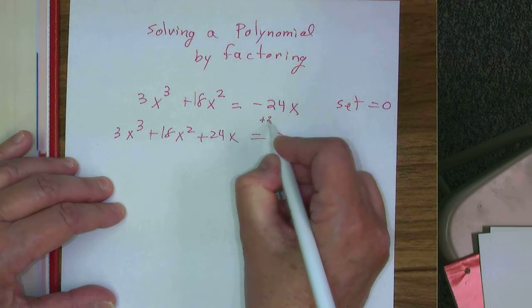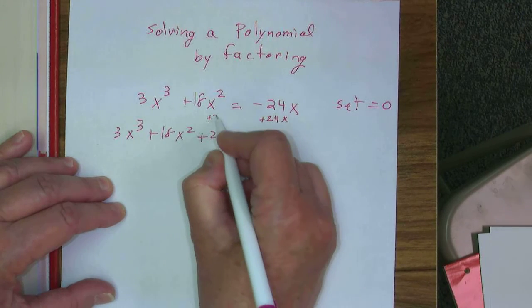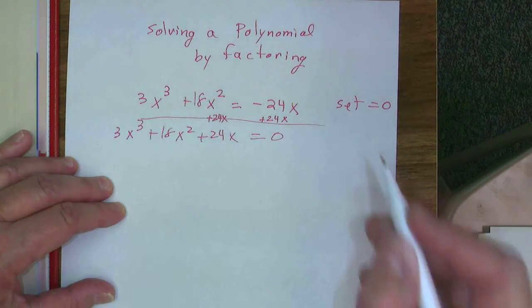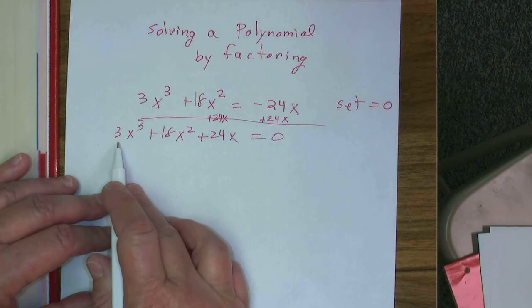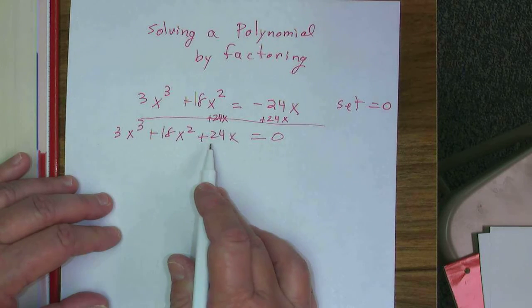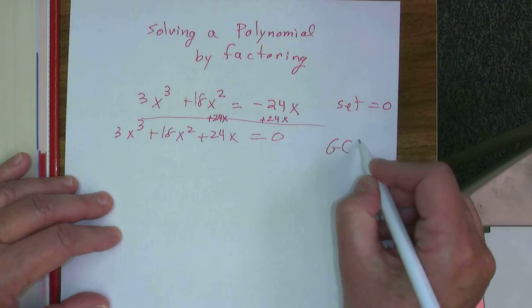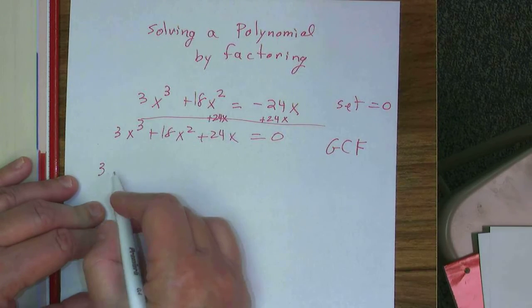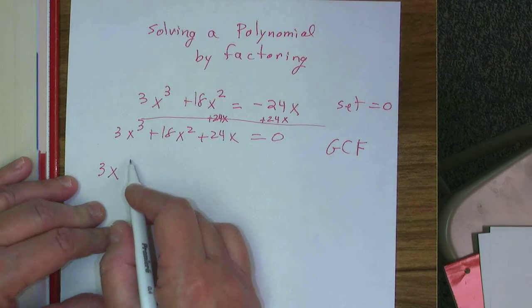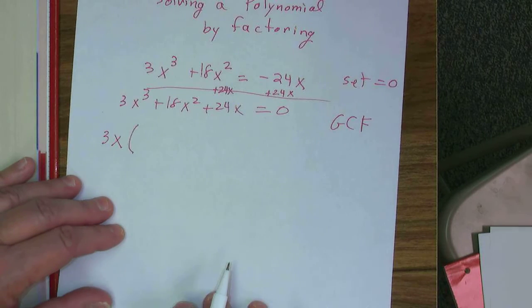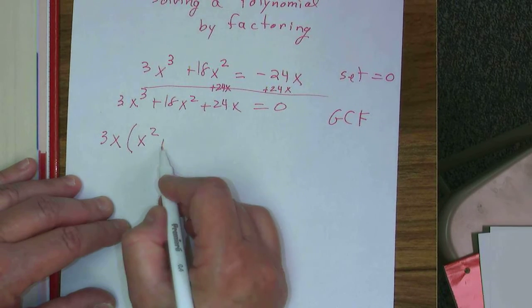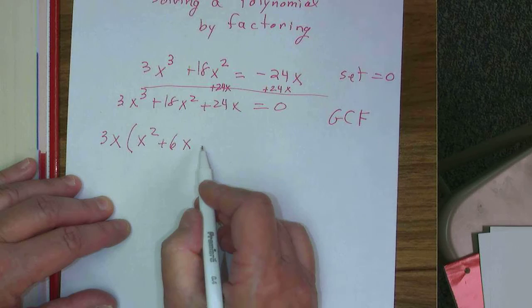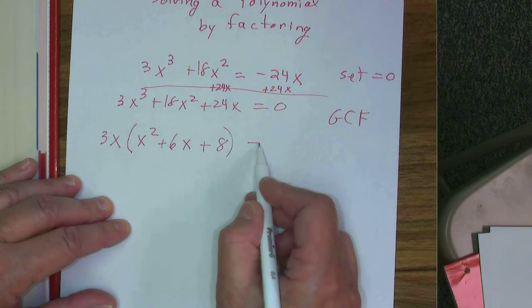Those of you who want to show that across there. Now, I do see, and hopefully you recognize, there is a GCF, 3 and an x. So what's going to be left? x squared, when I take the 3 and an x out, plus 6x plus 8 equals 0.